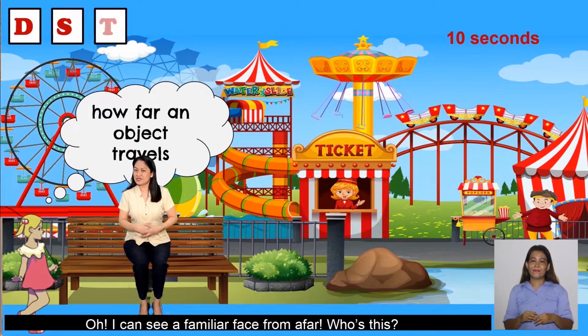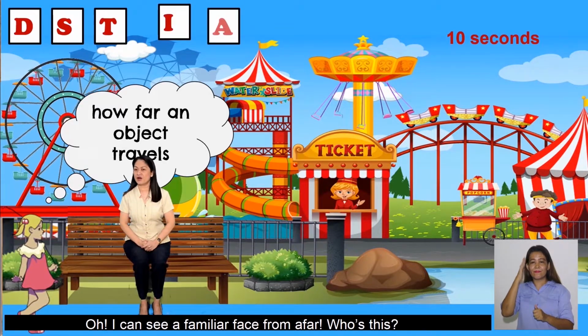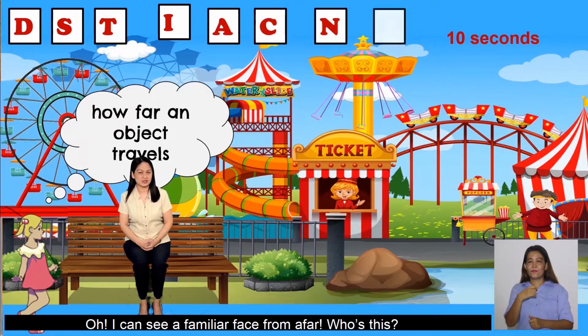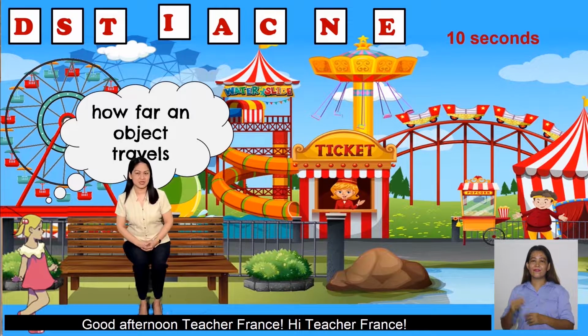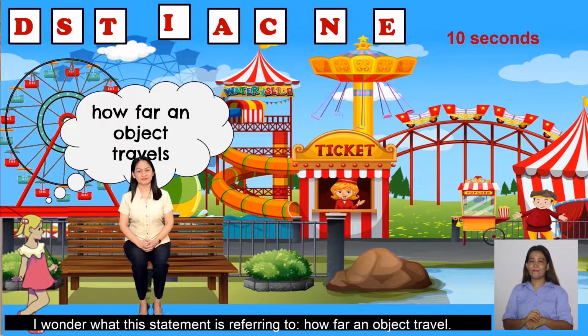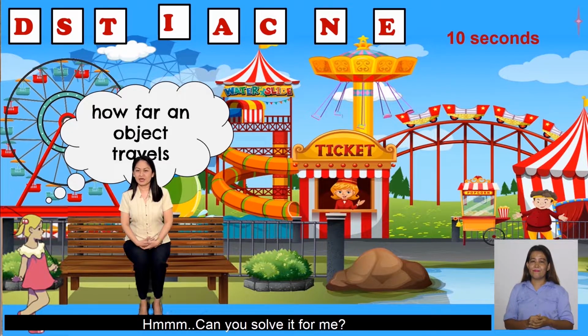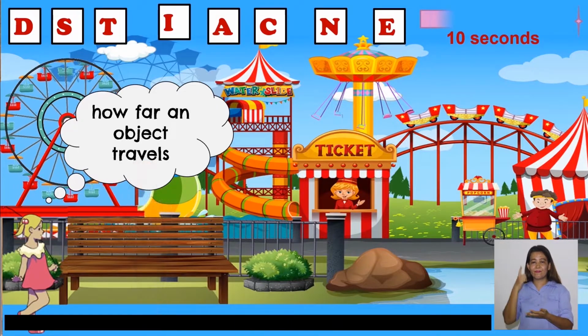Oh, I can see a familiar face from afar. Who's this? It's my student Christine. She is approaching me. Good afternoon, teacher friends. Hi, teacher friends. I wonder what this statement is referring to. How far an object traveled. Can you solve it for me?